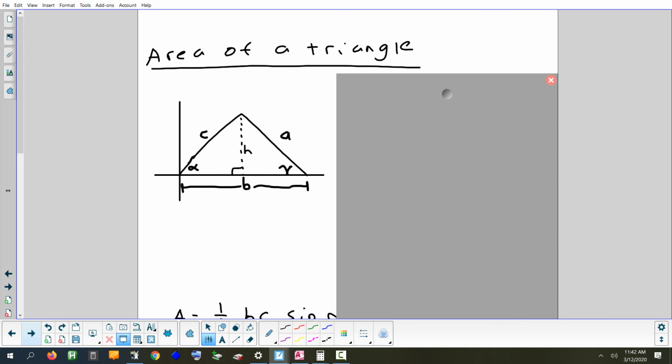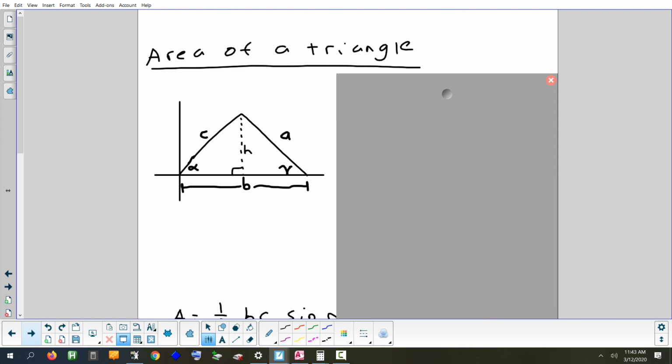The first way doesn't have a direct connection to law of sines. The second formula comes from the law of cosines; its proof uses the law of cosines, but we don't go through the proof.